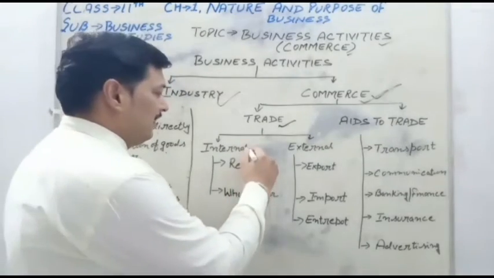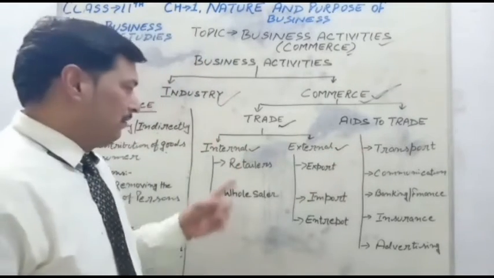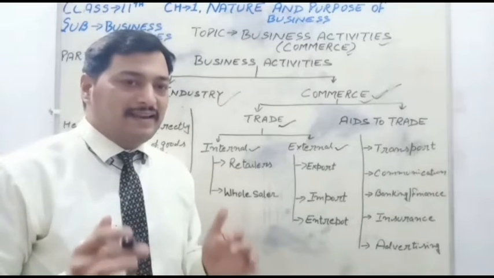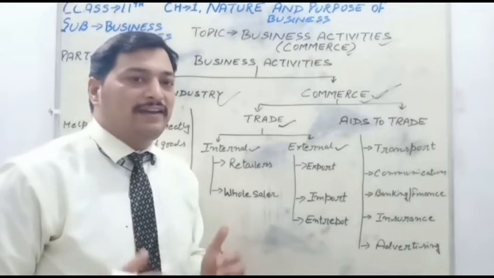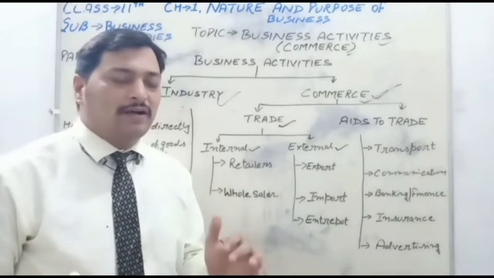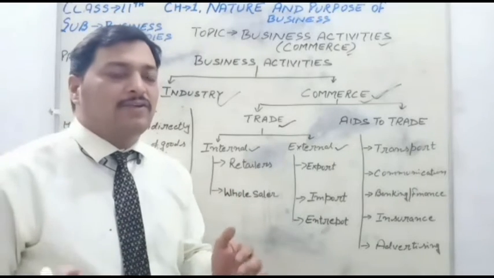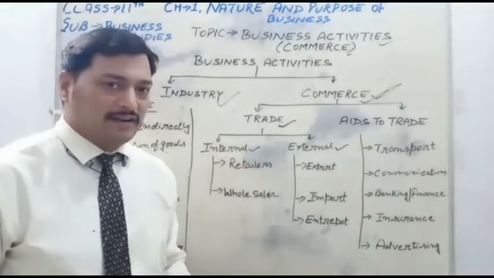Trade is categorized into two categories. First is internal trade and second is external trade. First, internal trade is when selling and buying of goods happens within the geographical limits, and it is called home trade. When consumers buy and sell goods within the same country, it is called internal trade.